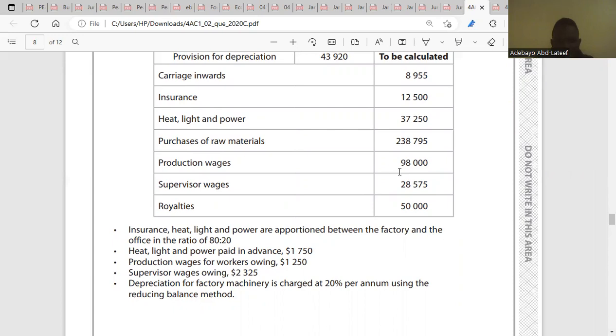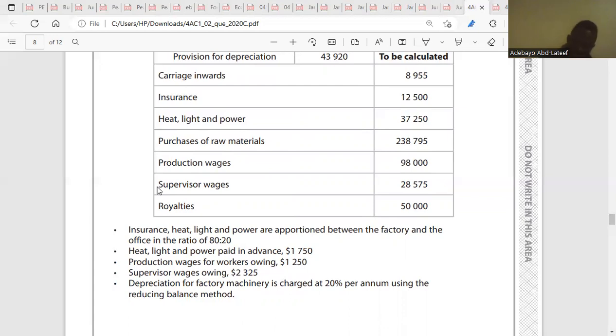So we check 80-20, 12,500. Insurance is 80 ratio 20, that's 80. We have 12,500 multiplied by 80 divided by 100.